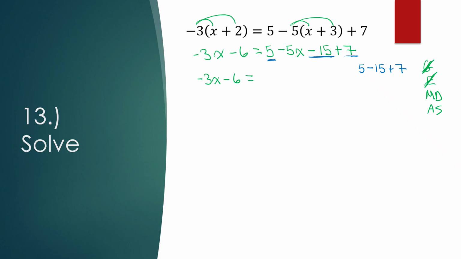It also means there's no other x here, so the negative 5x stays the same. So I'm going to go ahead and just drop that down, and then I'll do this calculation, which is, let's see, negative 10 left to right plus 7, which gives me negative 3. So I get negative 3 over here.